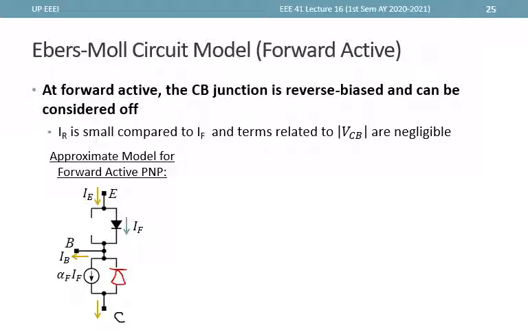And if we do that, then IR is approximately 0. And if IR is 0, then alpha R IR is also approximately 0. And so we just end up with this model right here, which is what we call the T model, since it looks like a letter T.